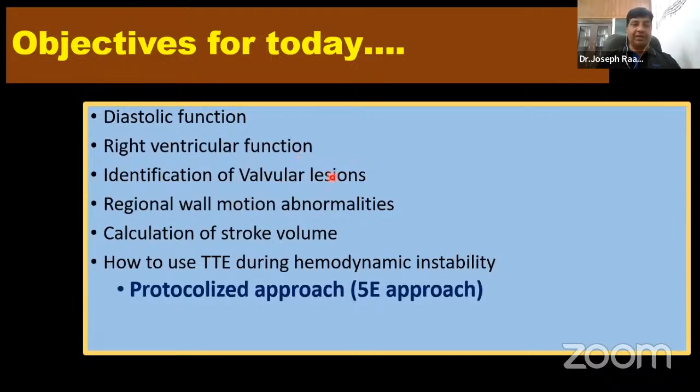Most importantly, the regional wall motion abnormalities and how to pick them up. And the calculation of the stroke volume, which is very important if you are taking care of ICU patients. Finally, we put together whatever information we have collected over these 2 sessions, and how to approach a patient when the patient is very unstable. So with that introduction, we'll start today's topic.